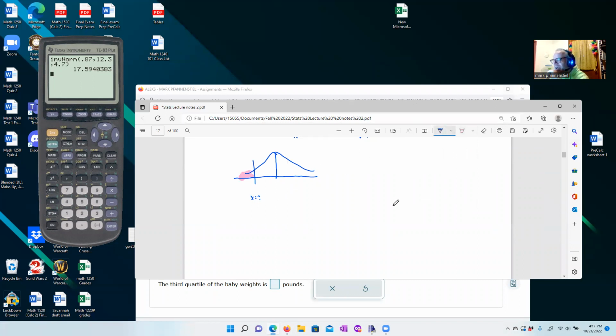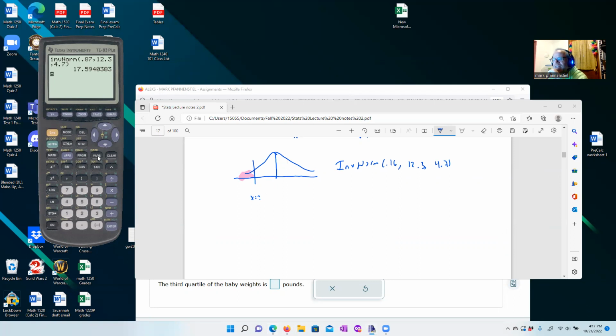So we're going to use inverse norm, and the probability is going to be 0.16. Then we have 12.3, and then 4.7 for our standard deviation. We're just going to type that in and see what happens.